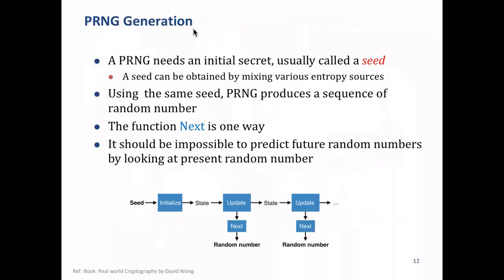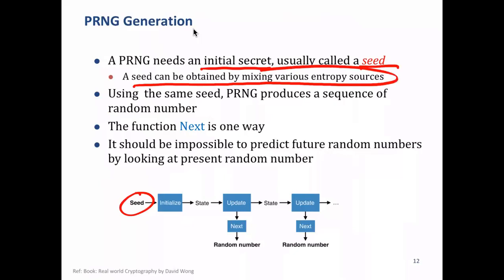Okay. So the process is as follows. We need an initial secret, which is like a true random number, which you call a seed. So seed is here. Now seed can be obtained by mixing various entropy sources. What are the entropy sources that we have seen?